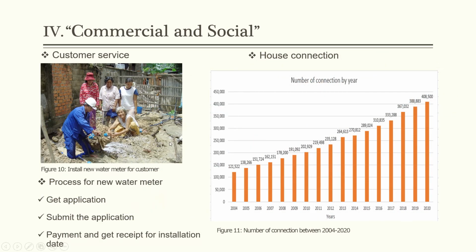And number four is commercial and social. As you can see, this is customer service. In figure 10, the operator installs a new water meter for the customer. The process for a new water meter is, first, they get the application from Phnom Penh Water Supply Authority, and then they fill in some important information, for example address, location, number of people, or the type of living condition, commercial or domestic.